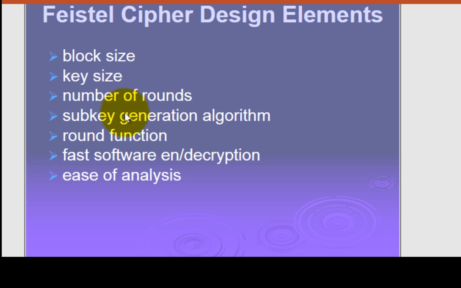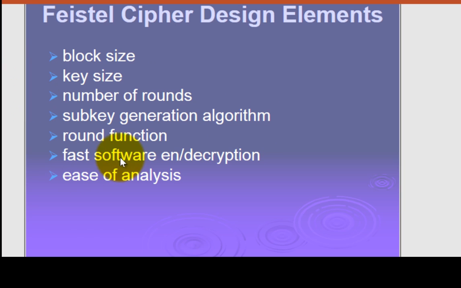You have to use the key size moderately. For DES we use a 56-bit key size. Number of rounds: you can also vary the number of rounds for different algorithms. It is not compulsory to use a particular number of rounds. As you increase the number of rounds, the complexity increases even more. Usually 16 rounds are used.